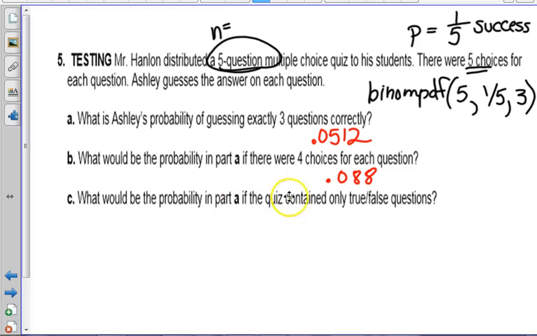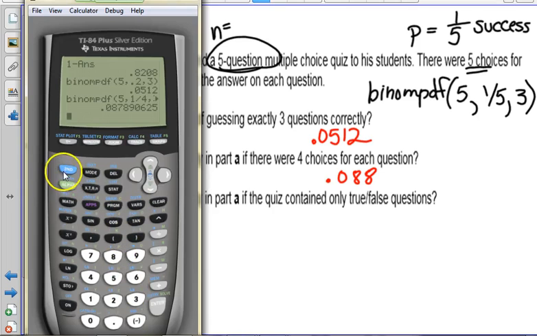Okay, what would be the probability, same question, of getting 3 right if it was only true false? We could change the 1/4 to 1/2. Is there another way we could do that?